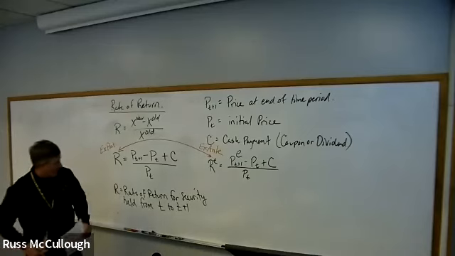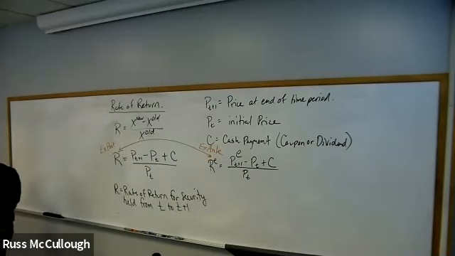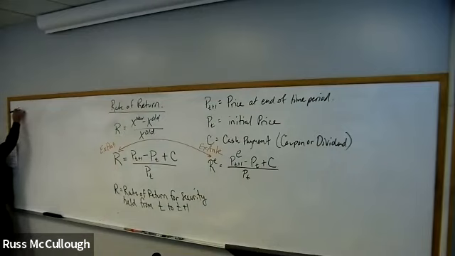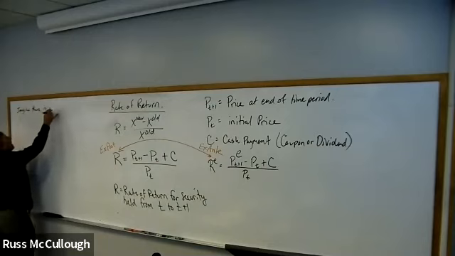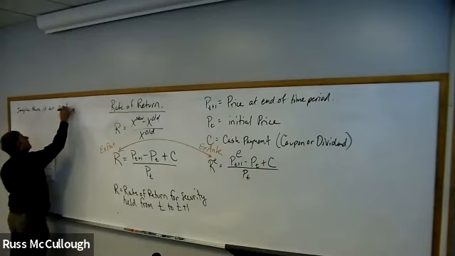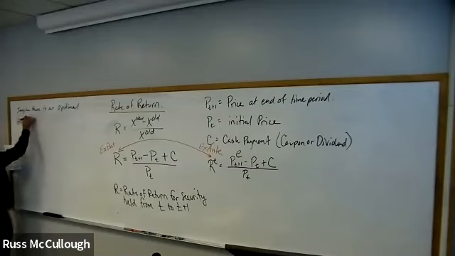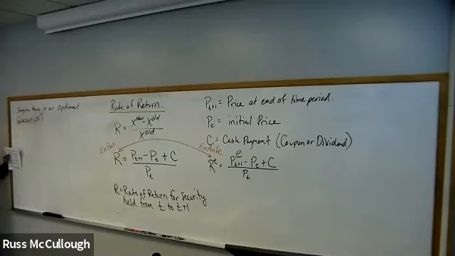So imagine there is an optimal forecast, which the textbook uses, it's OF, an optimal forecast for the rate of return.